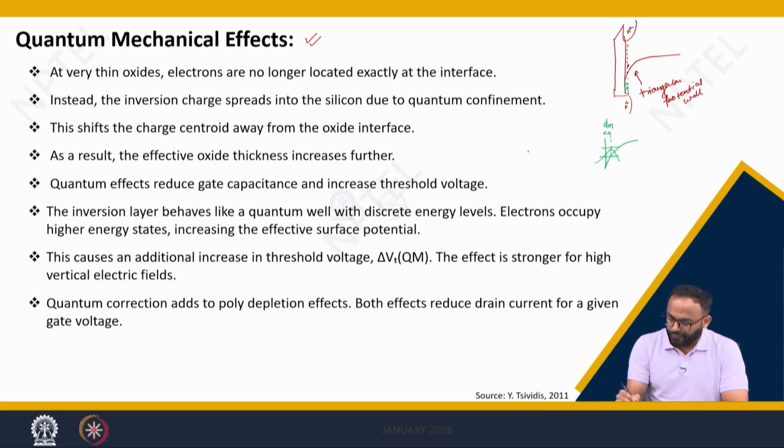So, the first thing we simply ignored when we were talking about long channel devices is that the charge sheet of infinitesimal thickness is present very near the surface. However, this is not the actual case. When the electron is confined in the triangular potential well, it is present somewhat away from the surface, at a distance, let us say dm.